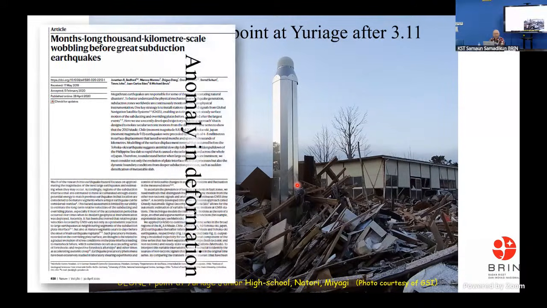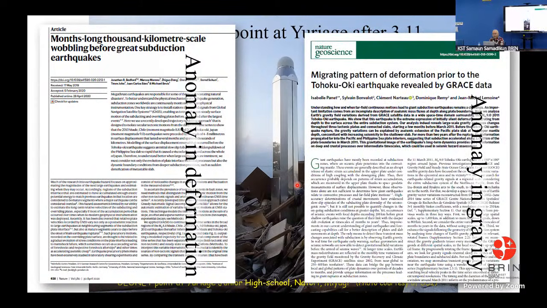And this paper shows an anomaly in deformation. And maybe I will have a chance to talk about this paper a week later, next week. And also some say, a French group says there's an anomaly in the gravity.